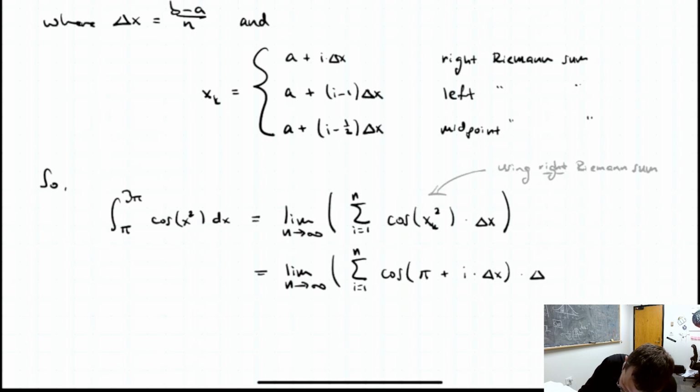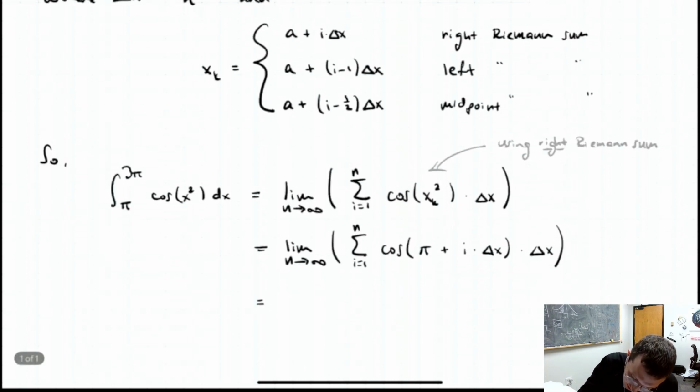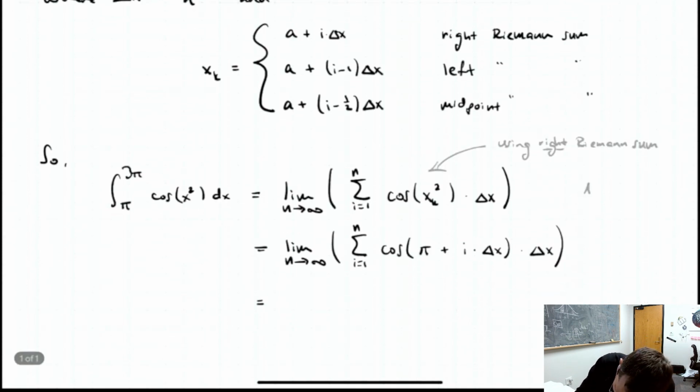And then times delta x. The last thing that I'm going to do is say what the delta x is. Remember, delta x is b minus a over n. So delta x is 3 pi minus pi, that's b minus a, over n, which is 2 pi over n.